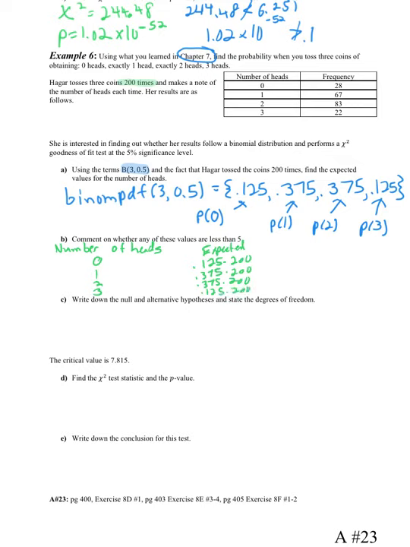Just because I'm doing the coin toss 200 times, I'm going to expect to get those outcomes based on that. I get 25, 75, 75, and 25. And again, those numbers should add up to 200 as well, the 25, 75, 75, 25, because I should get my 200 outcomes on this table of values.